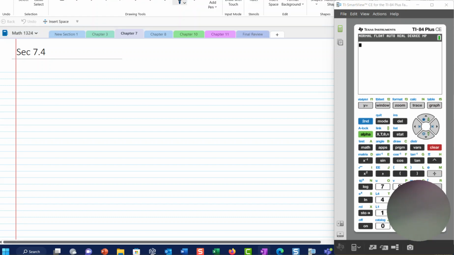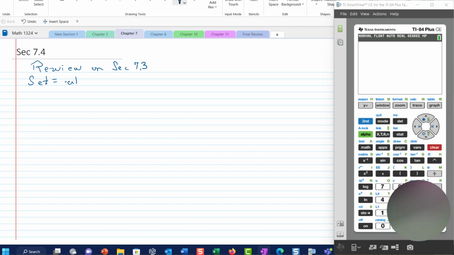Hello. Okay, before we get started with our next section, section 7.4, I want to review a little bit on section 7.3. In 7.3, we talked about, in generality, sets.